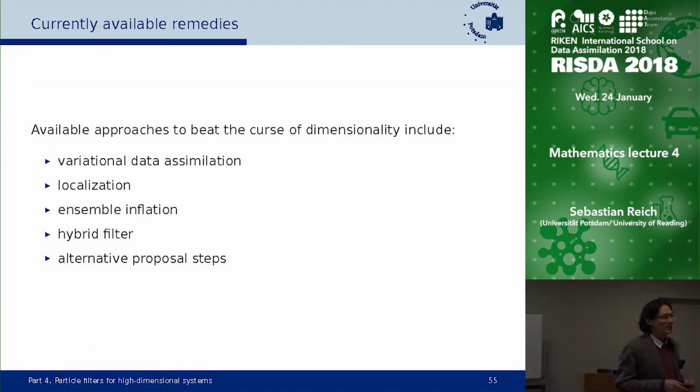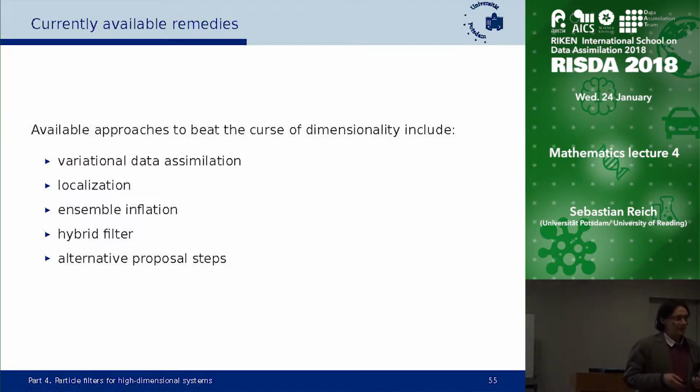Okay, so what are remedies for this curse of dimensionality, which actually also applies to the Ensemble Kalman filter? Not quite in the same severe way, but you cannot apply the Ensemble Kalman filter, as I told you earlier, and also how you did it in the hands-on session, to such a high-dimensional problem. It would still give you difficulties. So, there's variational data assimilation.